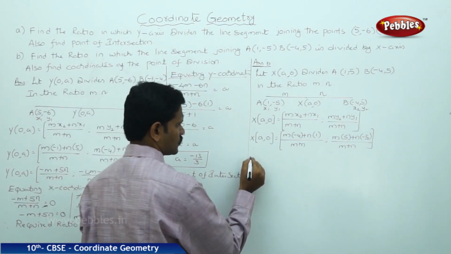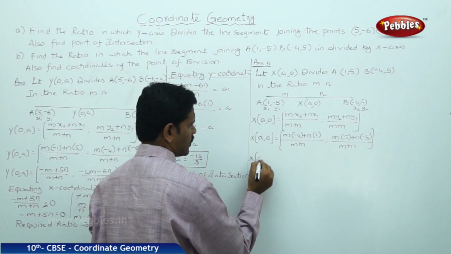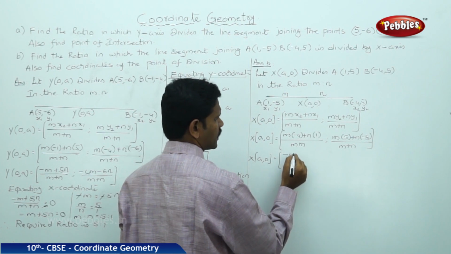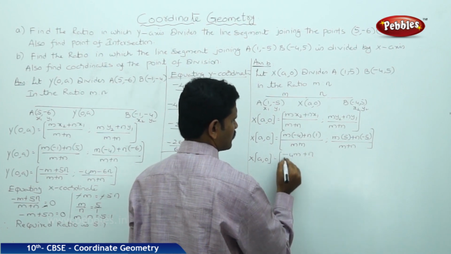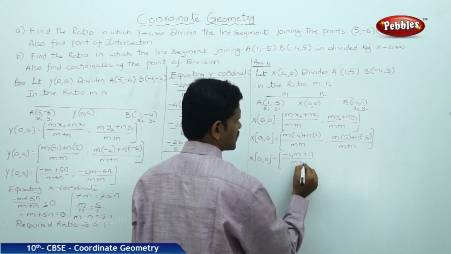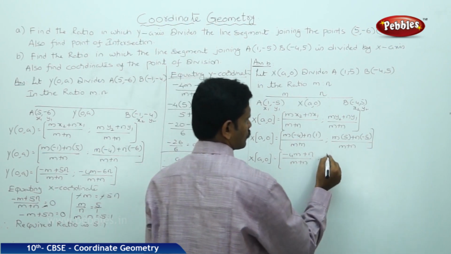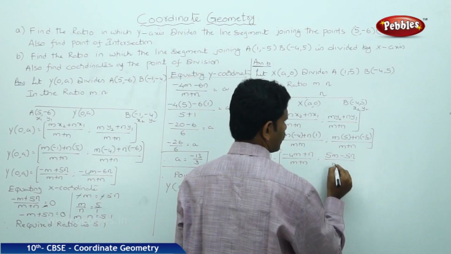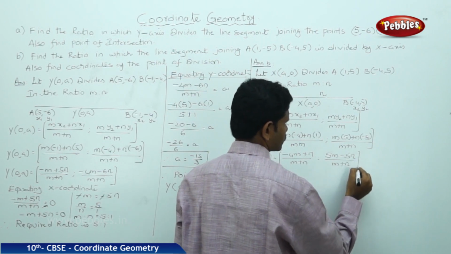Now X of (a comma 0) equal to (minus 4m plus n) by (m plus n), (5m minus 5n) by (m plus n).